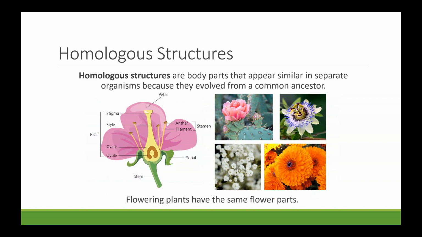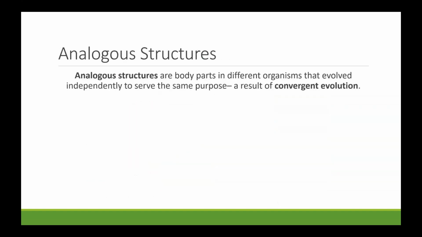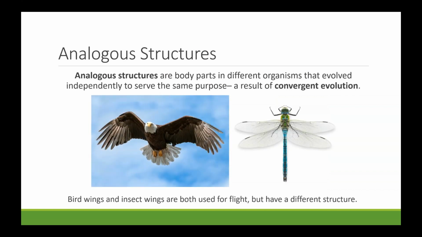Now, it's important not to confuse homologous structures with analogous structures. Analogous structures are body parts in different organisms that evolved independently to serve the same purpose. So, for example, bird wings and insect wings. Both of these serve the same purpose, but their structure is fundamentally different.